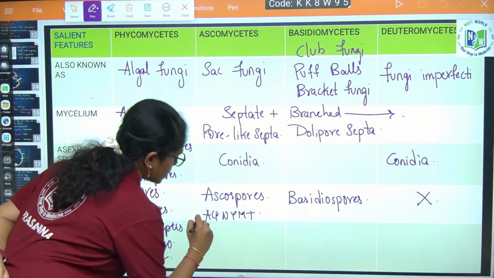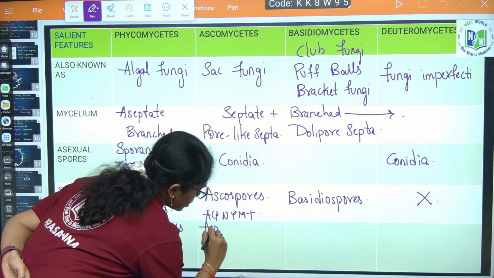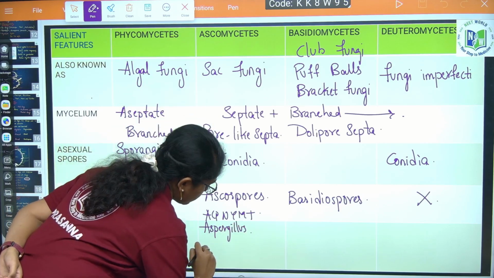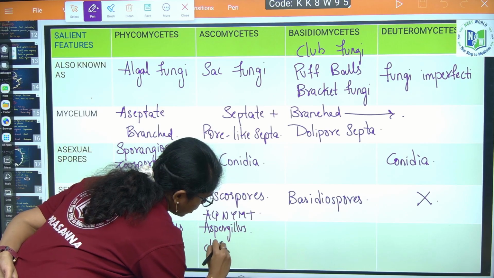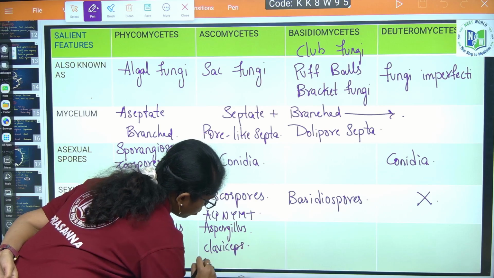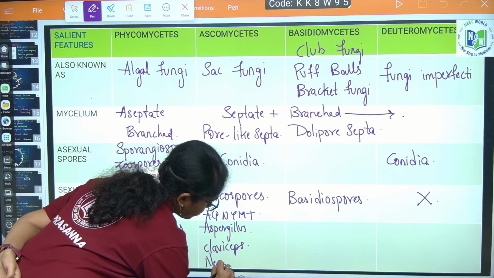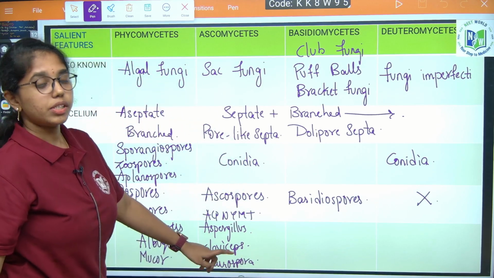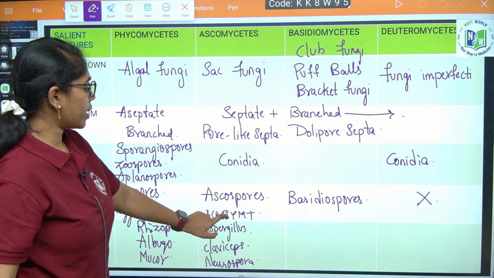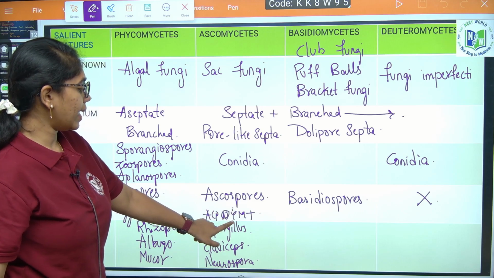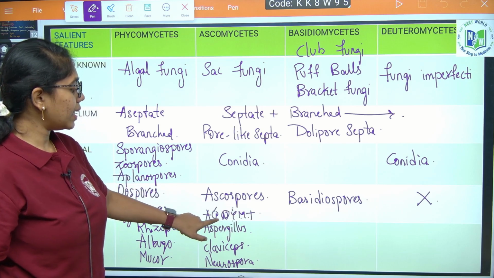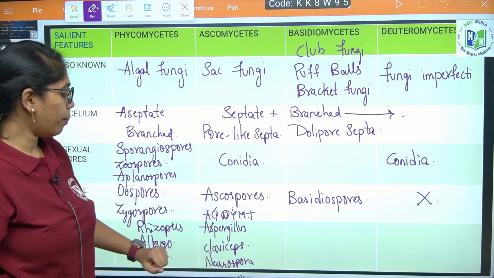ACP: Aspergillus, Claviceps, Neurospora. Neurospora is mostly used in genetical work and in laboratories. And unicellular fungi, that is yeast, and edible fungi, morels and truffles. Penicillium is used as an antibiotic.